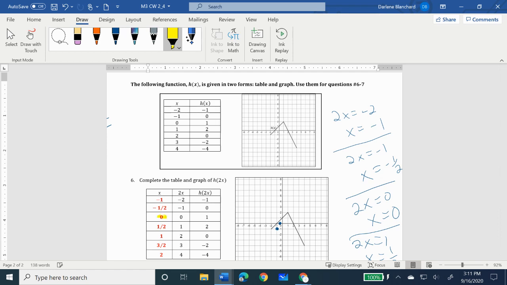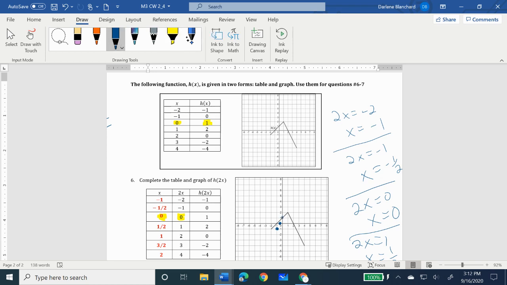Next, x equals 0. Now, when x equals 0 comes along and it's forced to double itself before entering the kingdom of h, it doubles itself to itself. So 0 gets to walk in as itself, and h gives it 1.